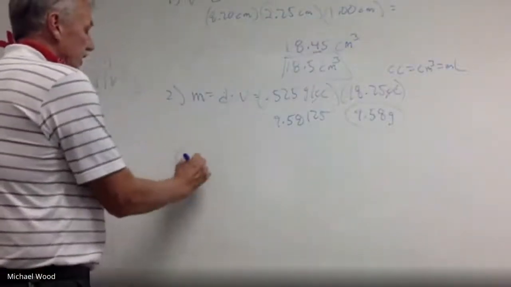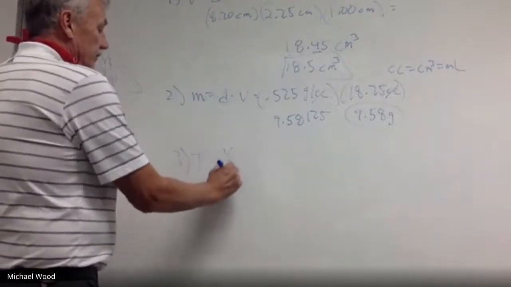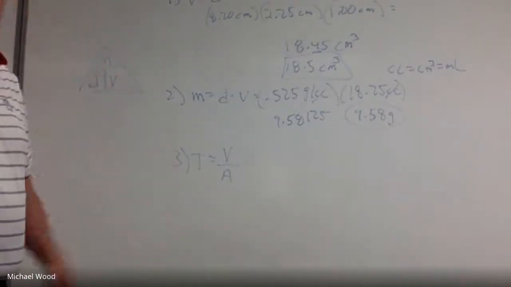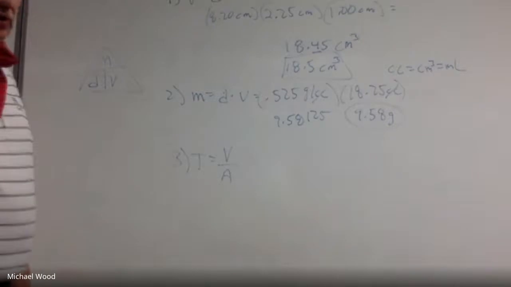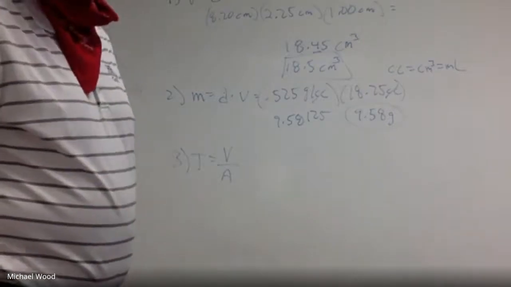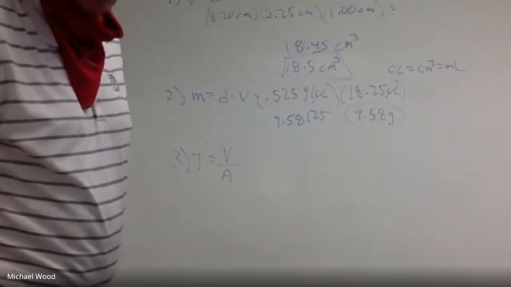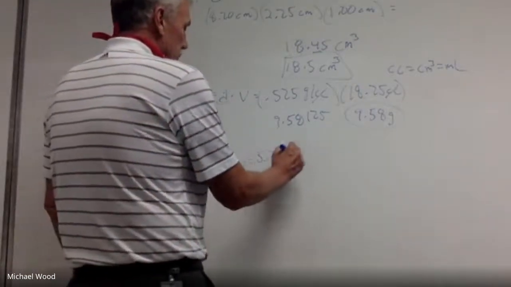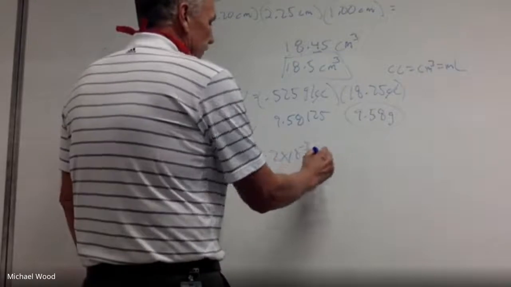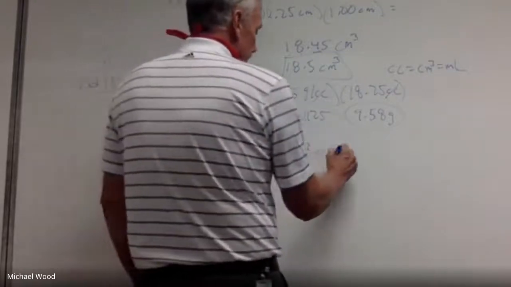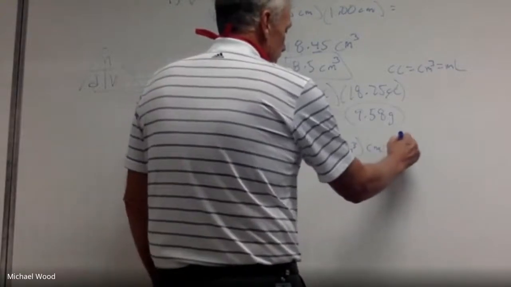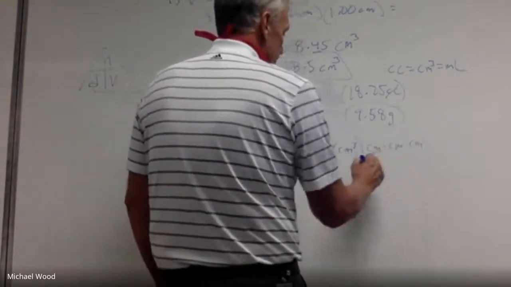And again, just like I'm saying, when you guys are doing calculations in your labs, you need to clearly show me your work here. So the volume on this problem is 5.2 times 10 to the negative third cc, which means the same thing as cm cubed, which really means cm times cm times cm, cubic centimeters.